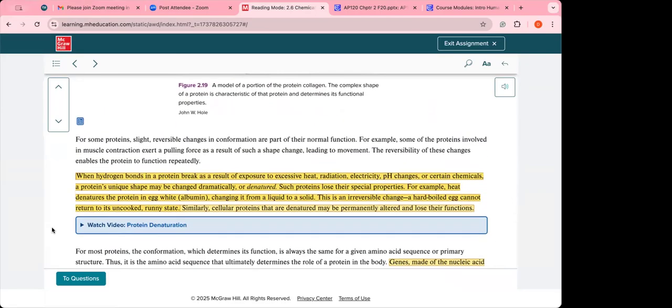When hydrogen bonds in a protein break as a result of exposure to excessive heat, radiation, electricity, pH changes, or certain chemicals, a protein's unique shape may be changed dramatically, or denatured. So denaturation is a change in the shape of the protein that comes from the breaking of hydrogen bonds.